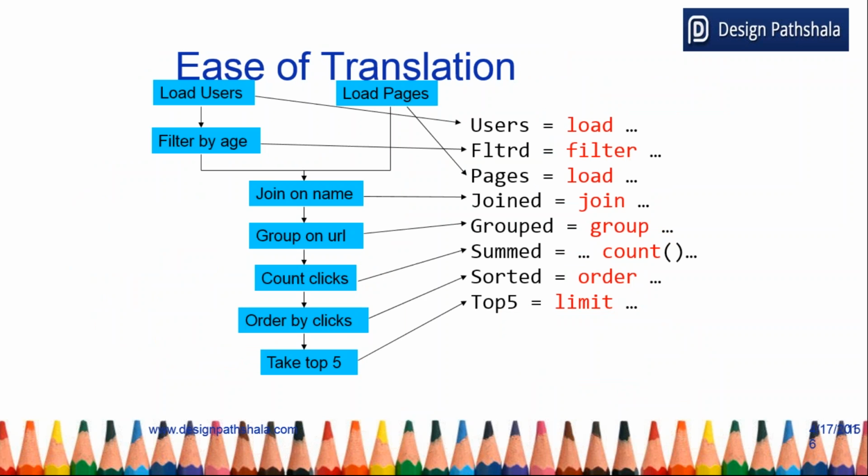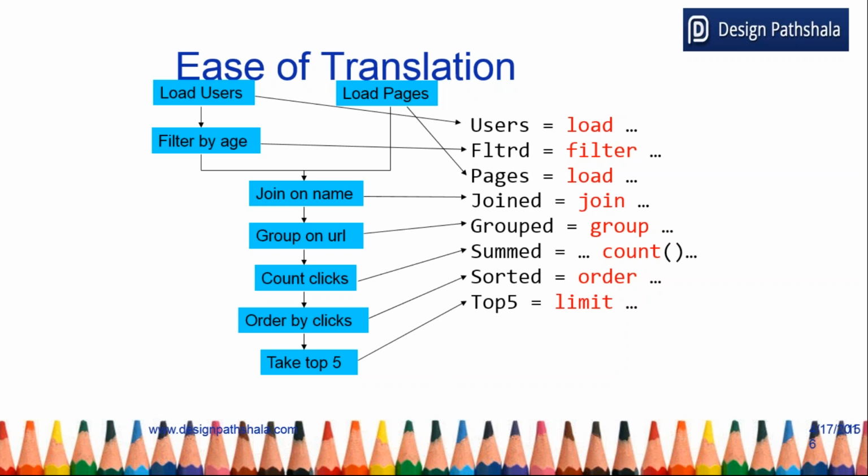So let's look at Pig. In Pig, it will be a similar thing. I'll load the data, I'll filter it, I'll load another data set, I'll join them on name or user ID, whatsoever is the key, and then group by URL, count the clicks and figure out top 5 clicks.